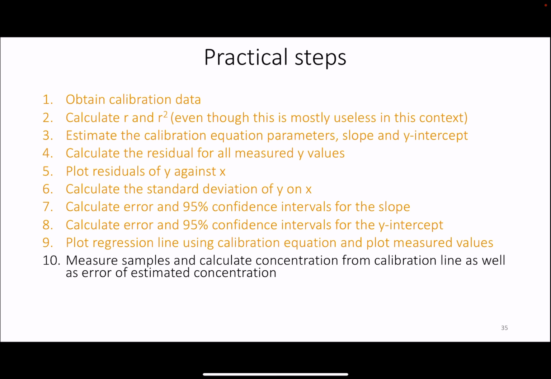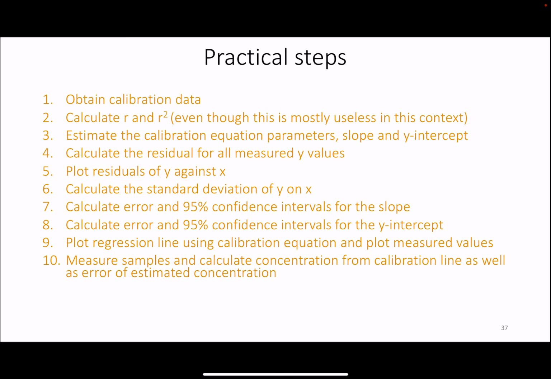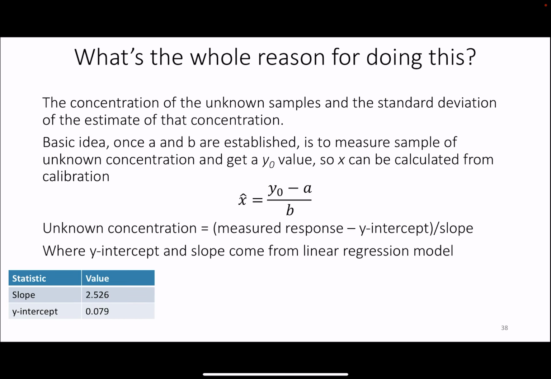Okay, next up you want to make a plot, which you probably would have already done. You can see here we're building our statistics table on the right. And then the last thing you want to do is the whole reason for this. The whole point of doing all this is because you have some samples and you don't know what their concentration is. And so using those regression statistics, you can calculate the concentration of your unknown samples.